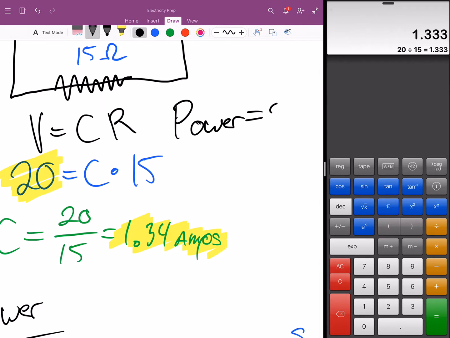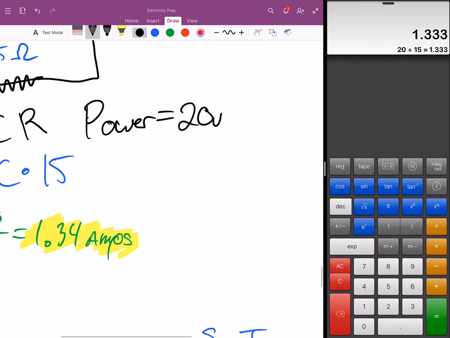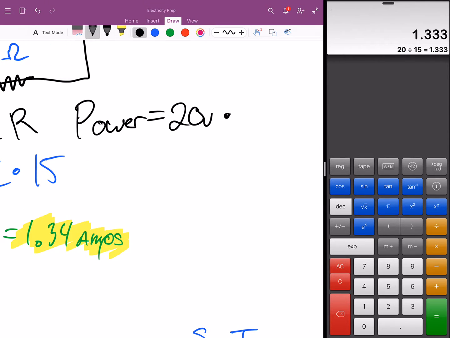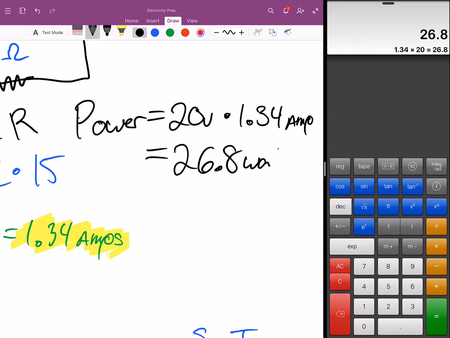Power equals voltage of 20 times the amp of 1.34. You multiply these. You have a power output of 26.8 watts.